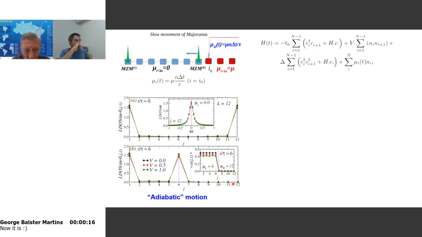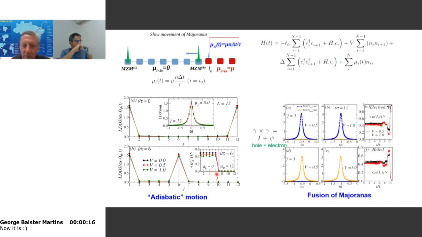Between sites 7 to 12, there is nothing, because you have moved the potential very high. And then all the electrons are in this part of the problem, right? So this is an adiabatic motion. We did it. If you do it too fast, then this Majorana gets all deformed, and there are all kinds of wavy things, as I mentioned before.